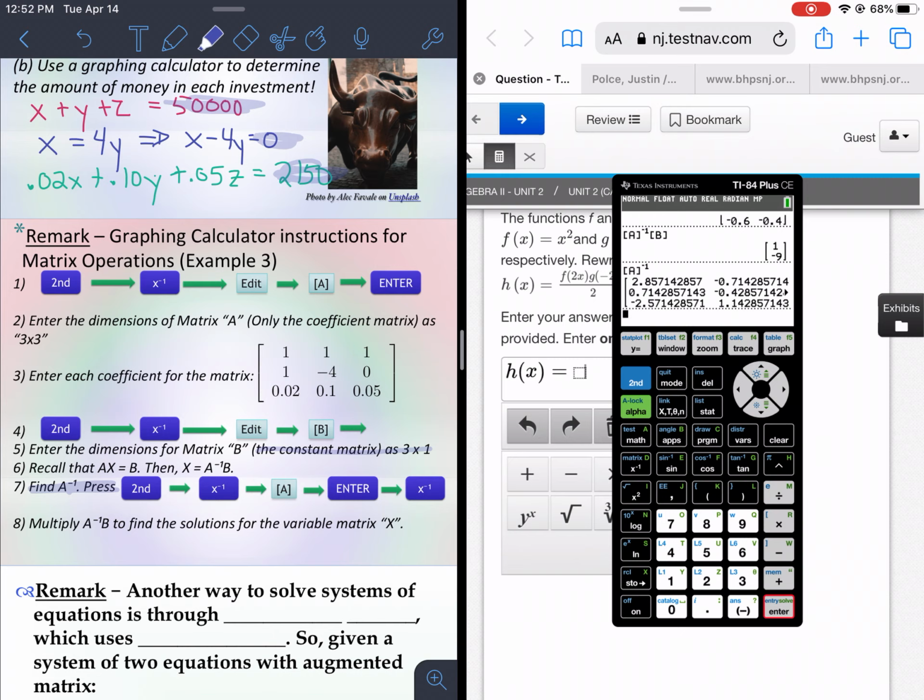But here we have it, nice and easy. And now, step 8, let's find A inverse multiplied with matrix B. It comes out so nicely.